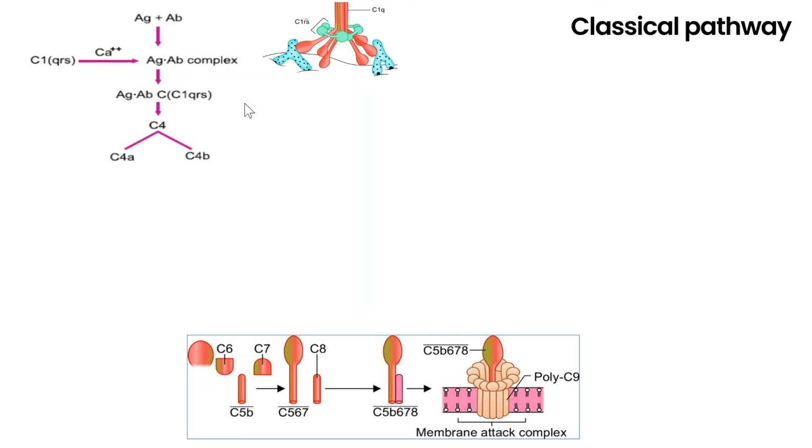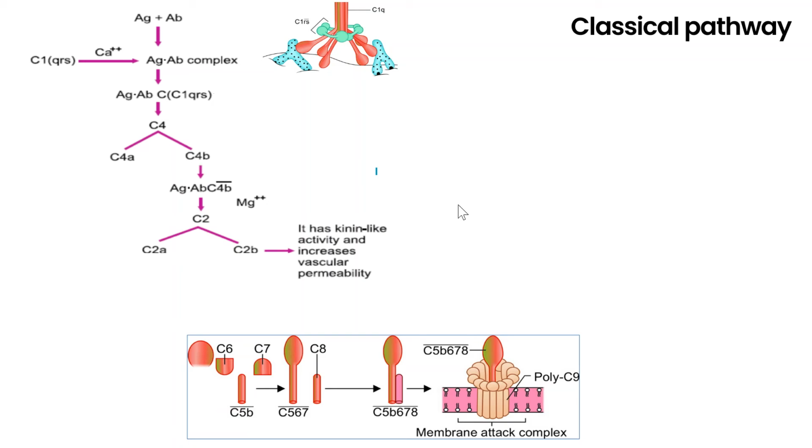So now we have antigen antibody C1 C4b, and this is basically the C2 convertase, and it is magnesium dependent. After 4 you have to go with the flow, that is 2, 3, and after 3 there is no 4 because 4 has been utilized earlier. So now we have 5, 6, 7, 8, and 9.